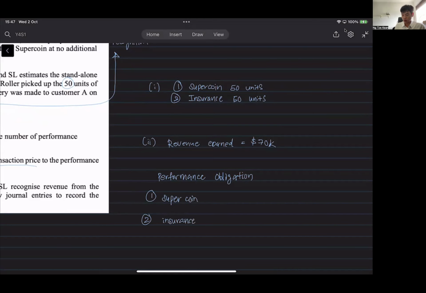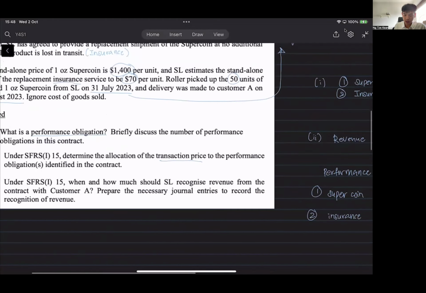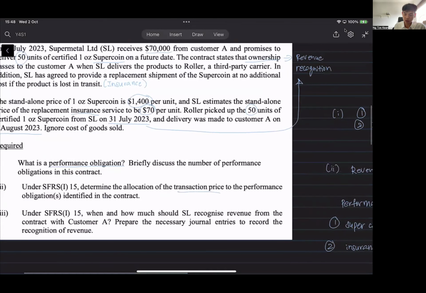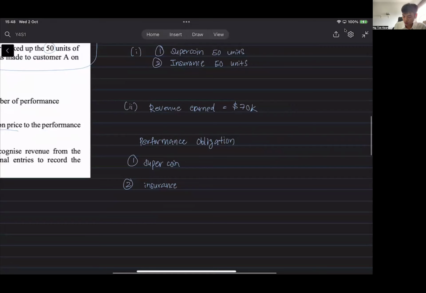So we want to find out for the Supercoin, what is the standalone selling price, not the amount that's received. So the standalone price is 1.4K for Supercoin and 70 for replacement insurance. So what we would have to do is we would have 1.4 times 50 units, and we have 70 times 50.